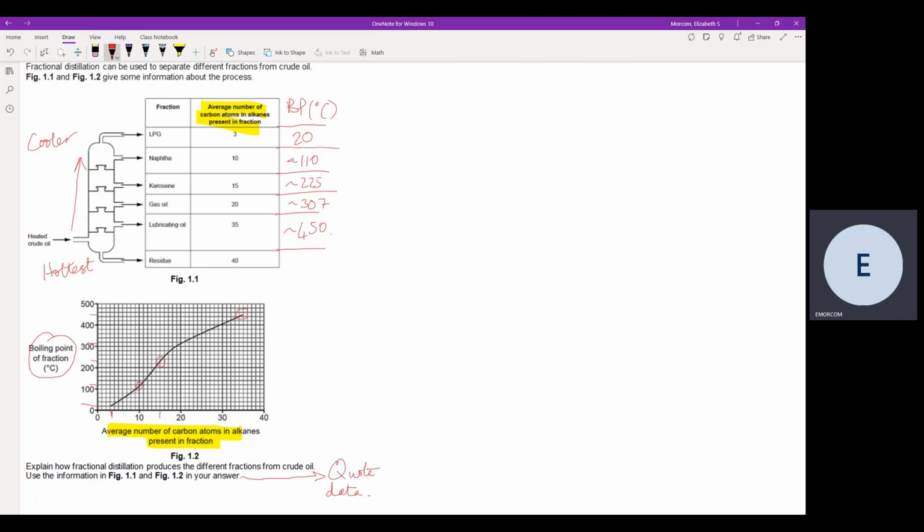So if you've got a lower boiling point, you'll get further away from the heat source before you start condensing. We know that the ones with the lower boiling points have an average of fewer carbon atoms in their chains. They're shorter carbon chains. We know that this is related to the fact that they have smaller chains and therefore weaker intermolecular forces. And we know that weaker intermolecular forces require less energy to be broken, which is why they have lower boiling points.